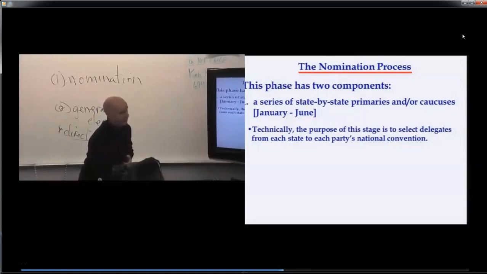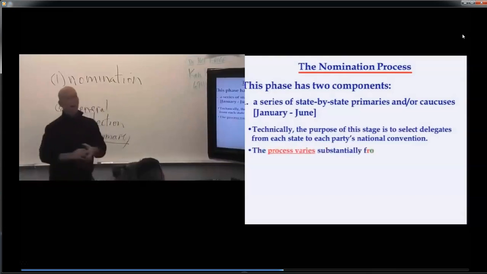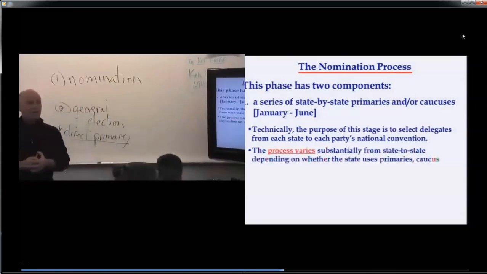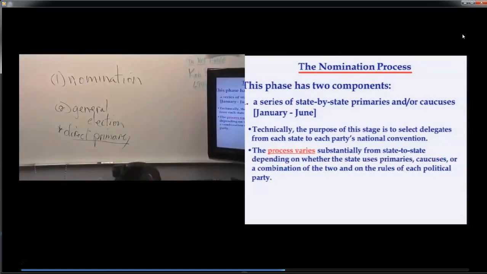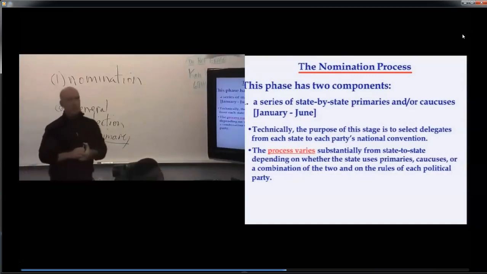Okay? And it is the function of the National Nominating Convention to officially nominate the party's presidential and vice presidential candidate. The process varies substantially from state to state, depending on whether the state uses primaries, caucuses, or a combination of the two, and on rules of each political party.